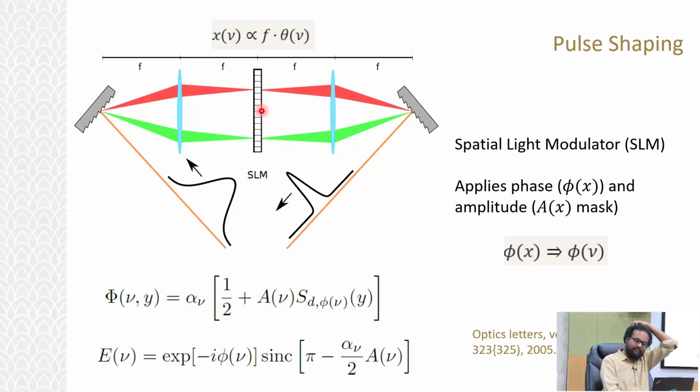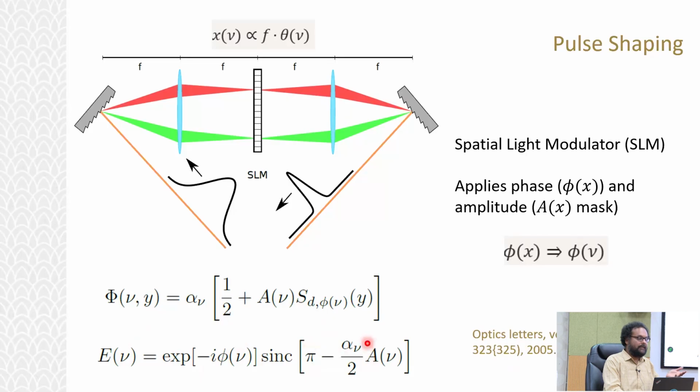So you apply the phase mask, and then you have this particular lens doing an inverse Fourier transform, and then you will generate again my electric field as a function of frequency, and it will have now this form where you have added effectively a phase function to your input electric field. That phase enables you to shape the pulse the way you want.